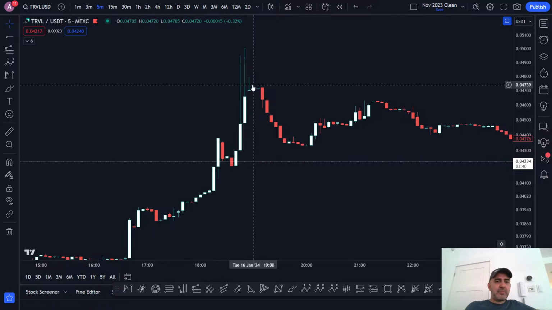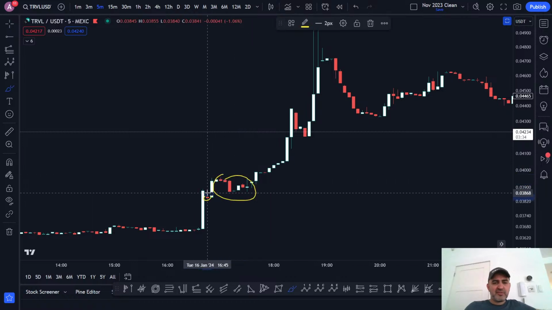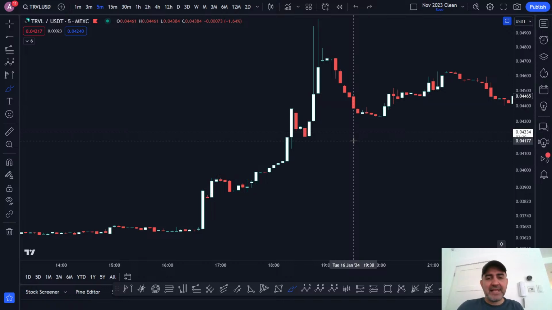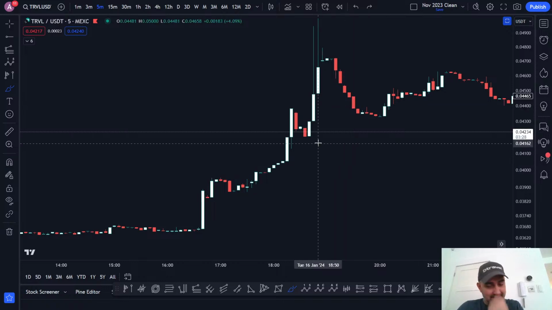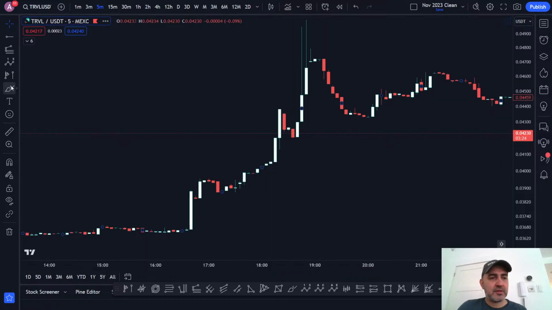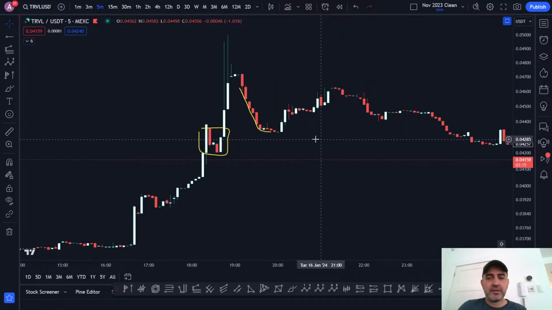Rather than buy the pump, what you see is as the price goes up, you form red candles. See that? And so naturally, the best place to enter your orders are these red candles. As the price comes down, it finds support on these red candles to go back up.